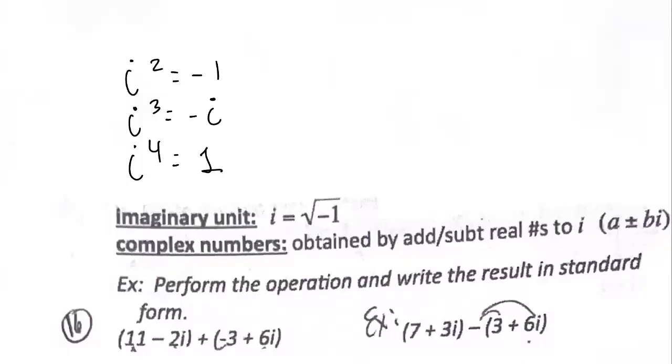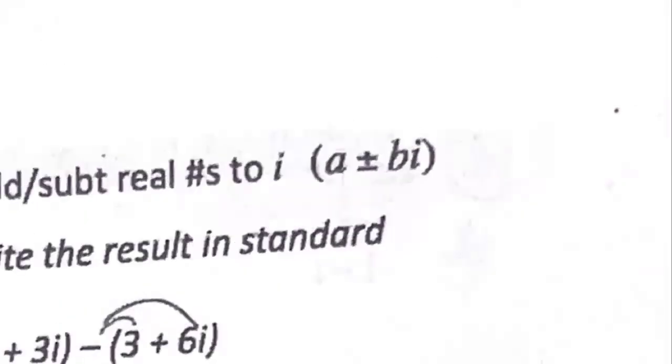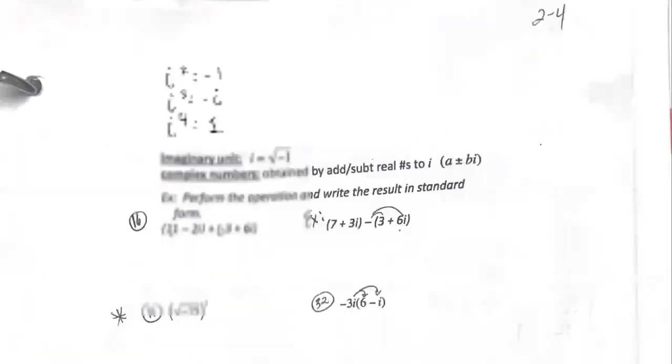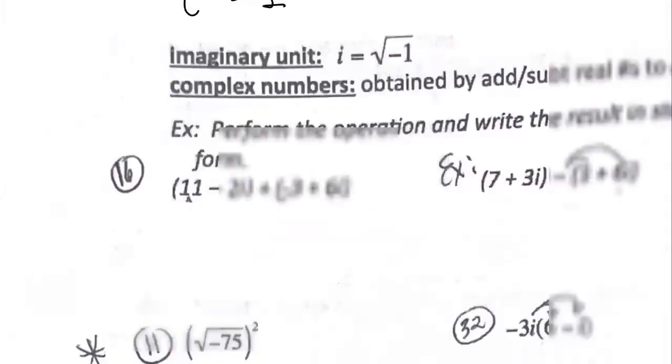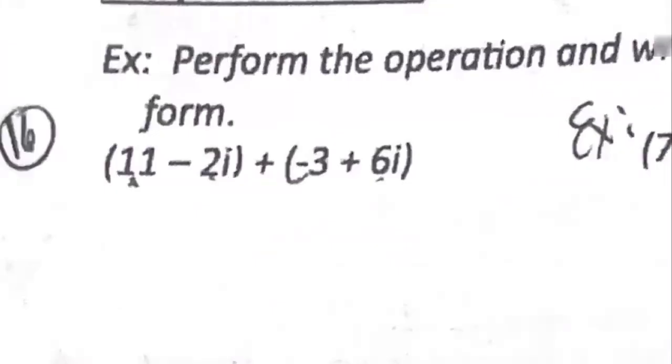Okay. So it says you can add and subtract. This is pretty much the standard form: a plus or minus bi. The imaginary is the second part. The real is the first part. This one says perform the operation and write the result in standard form. In this case, all you're doing is combining like terms. So 11 minus 2i, since they're only adding and there's no term in front of the parentheses, so there's no distribution.